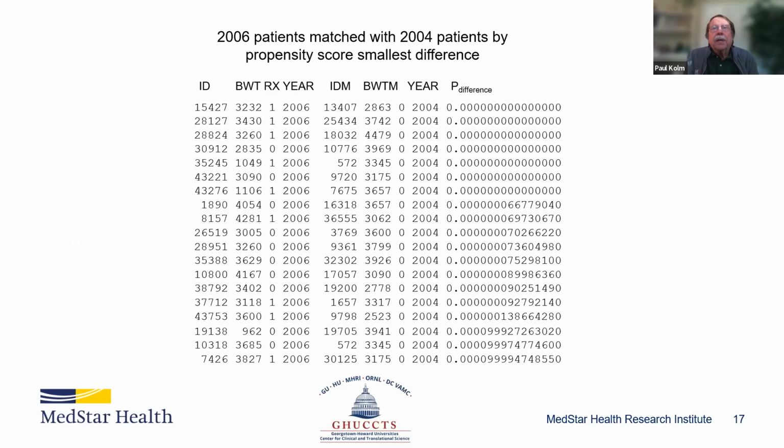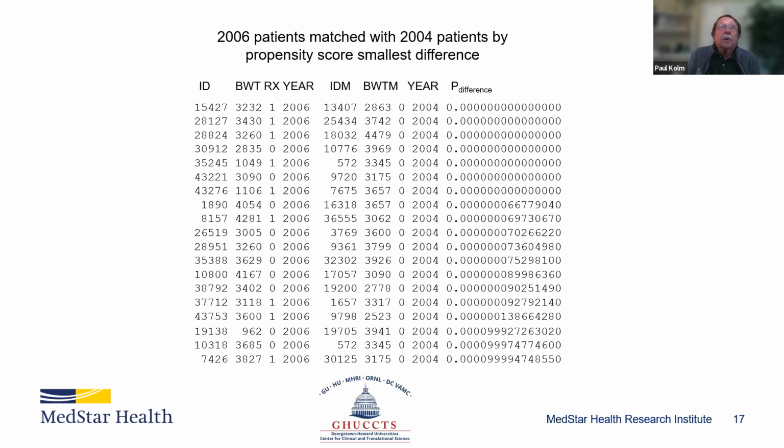So the far right column gives us the propensity score difference. And so you can see that there's several that are almost matched perfectly, where the difference is essentially zero. And then you can see that the difference gets larger. I've got them sorted by the size of the difference here.